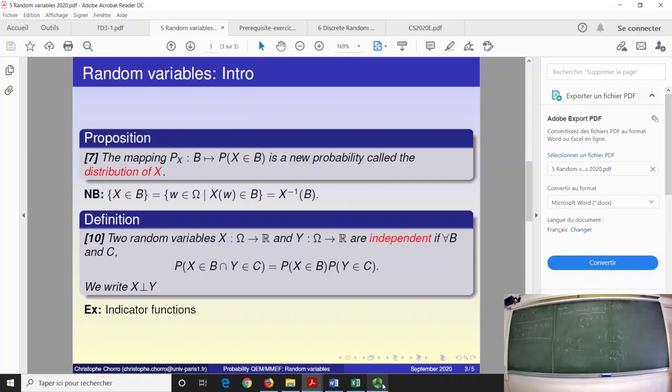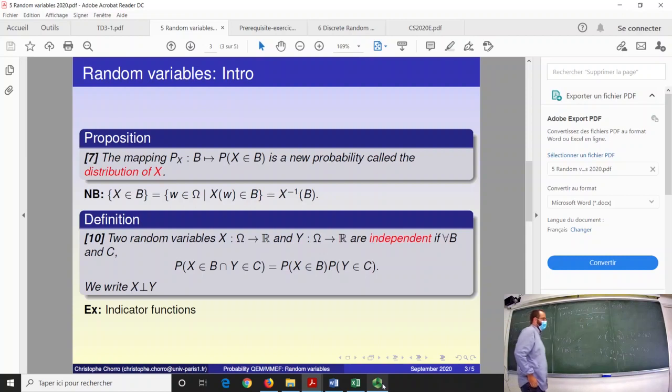We have the fact that the preimage of a union is equal to the union of the preimages, and the preimage of an intersection is equal to the intersection of the preimages. So you have this one. And this one. So you have these nice properties concerning the preimage of a set by a mapping.